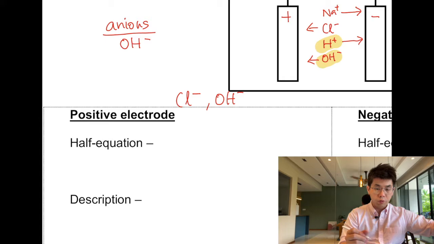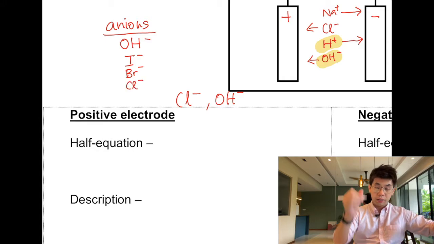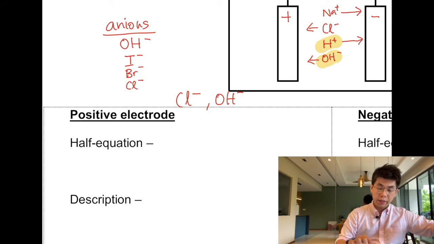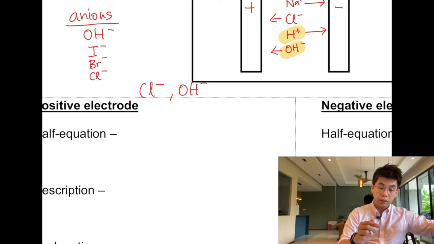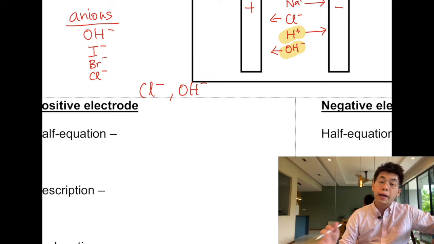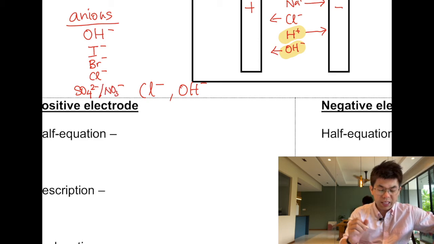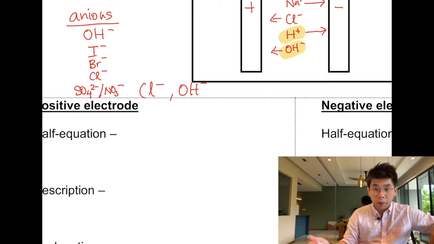Most of the time choose that, and then after that, I-, Br-, Cl-. In this order, because over here, the Cl2 is the most reactive, so it will rather be in the anion form. Then, for your SO4 2- as well as your NO3-, it will most likely not come up. Okay, most likely. Please remember this.